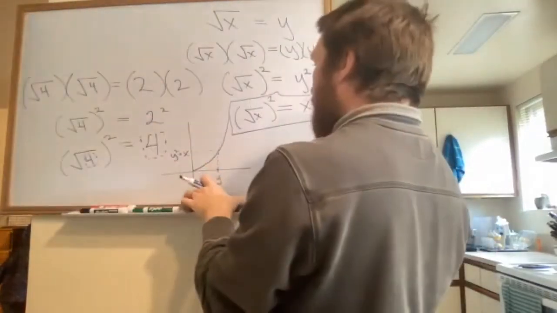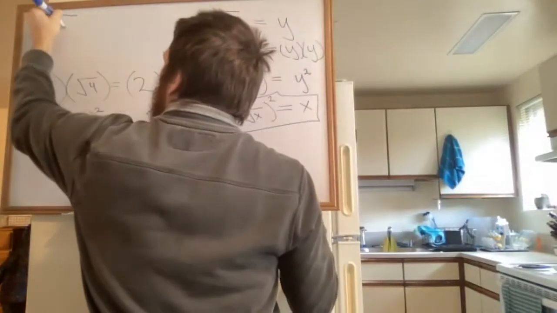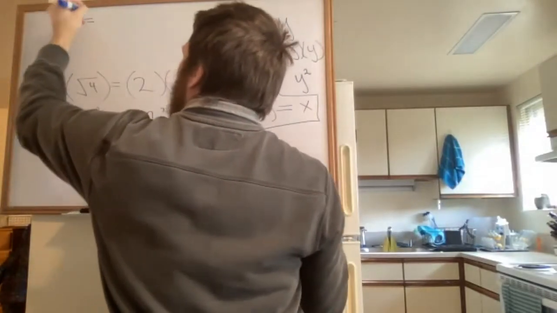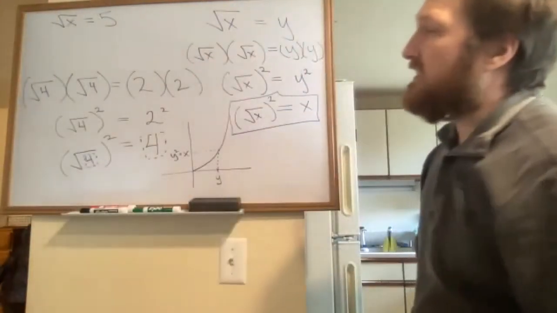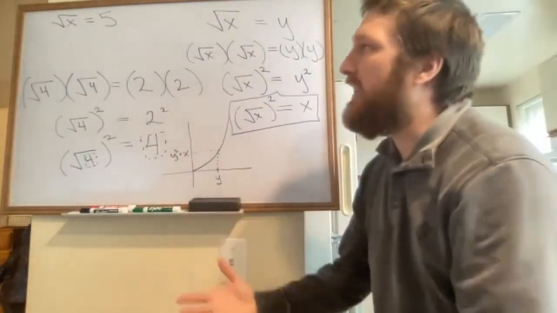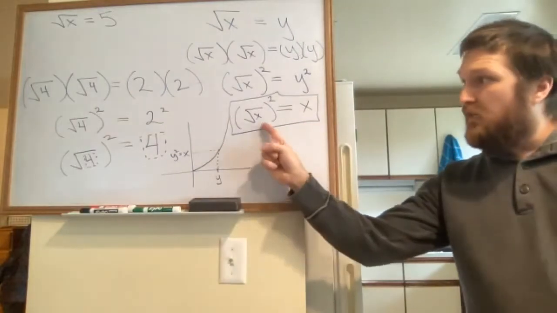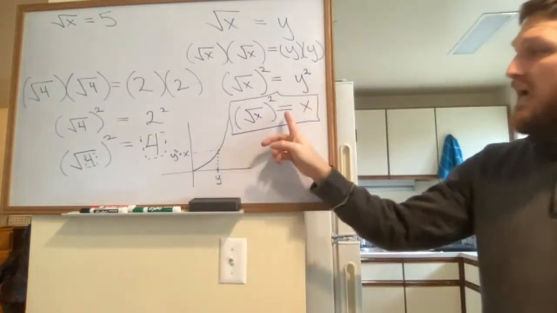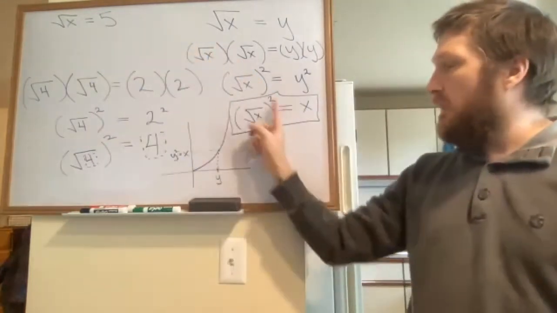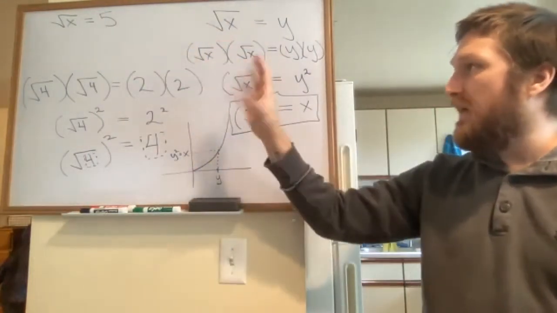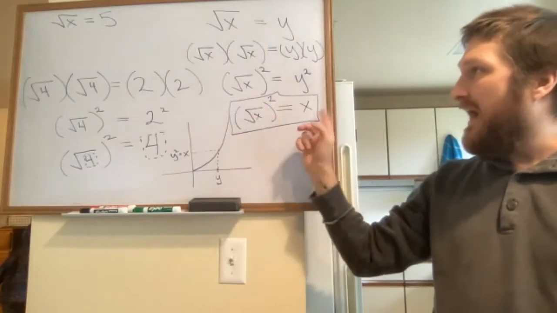But in this case, if I have an equation with the square root of x and a 5, how do I get the x by itself? The way to do it is to square both sides, because when you square that root right there, when you take it and undo it, it brings it back to where it started.